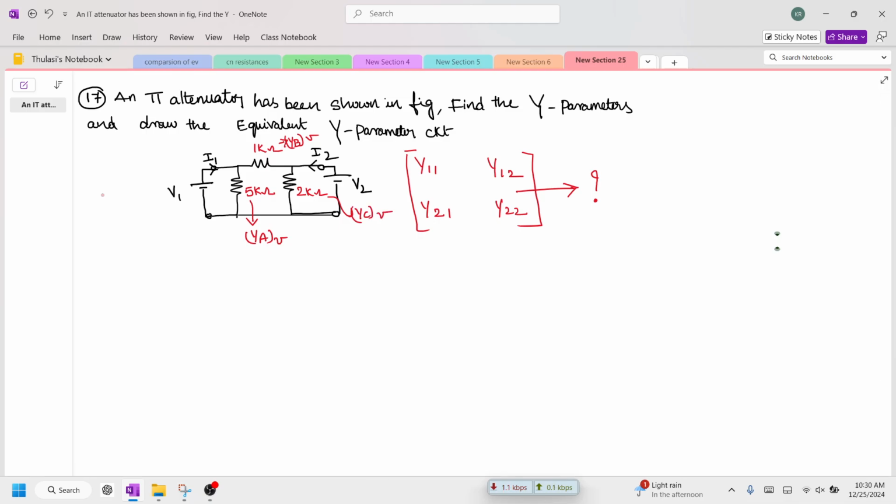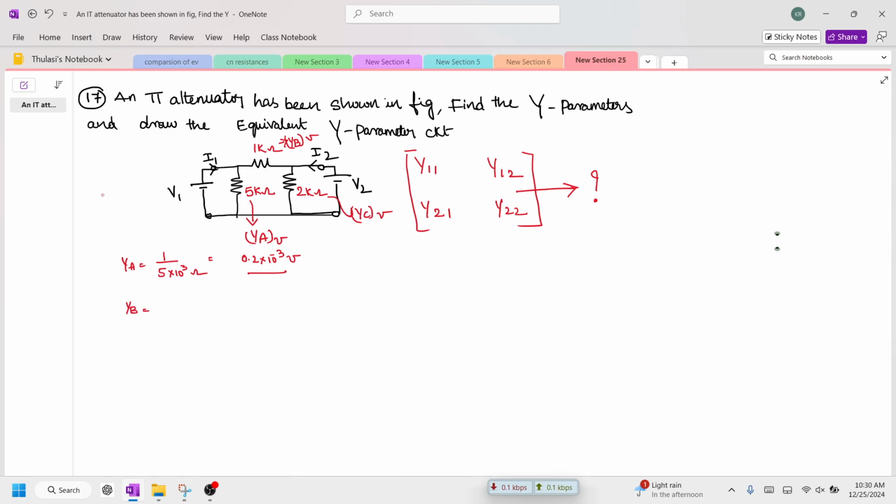So how to write down YA? YA is equal to 1 by 5 kilo ohms. So 1 by 5 is 0.2 into 10 to the power minus 3 mho is the YA value. And what is the value of YB?